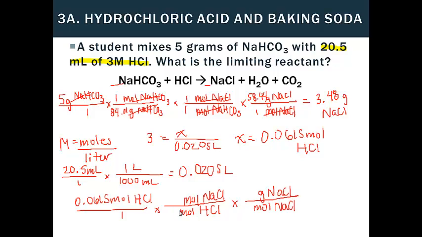So I've got mole on top of mole. That's a mole ratio, 1 to 1. I know that 1 mole of salt is 58.44 grams. So whenever I plug this all into my calculator and solve, I'm going to get 3.59 grams of salt.